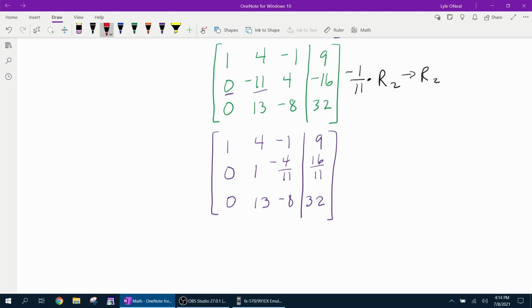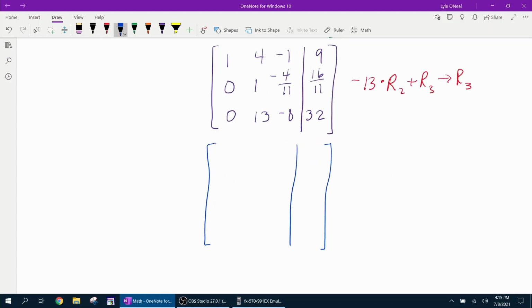So the next row operation is going to be -13 times row 2 added to row 3 to get a new row 3. We want this 13 to become a 0. The other 2 rows are going to be unaffected. So again, the first thing you want to do when writing this new matrix is copy and paste the rows that don't change.